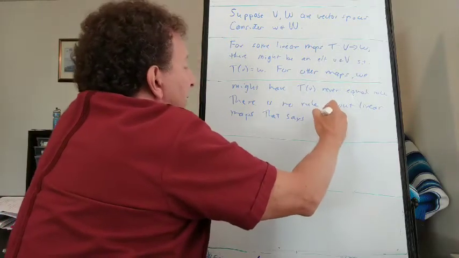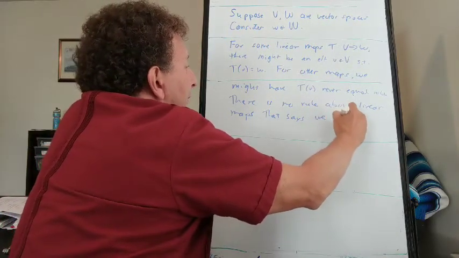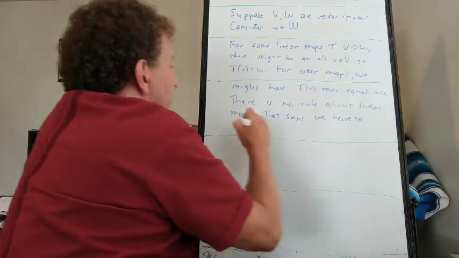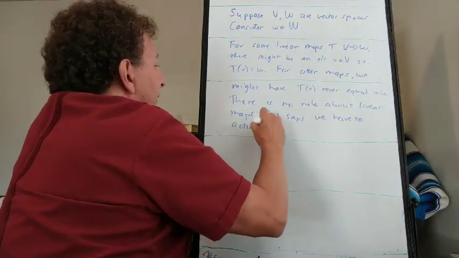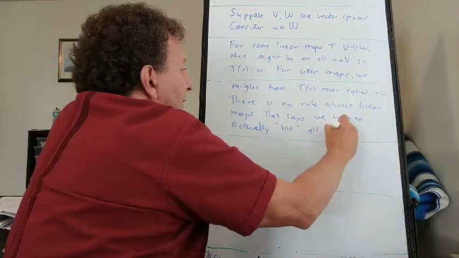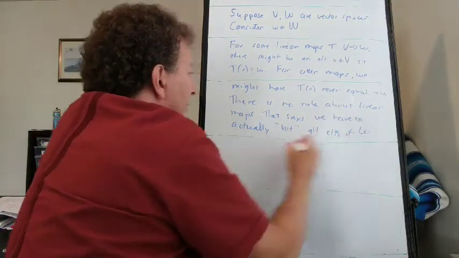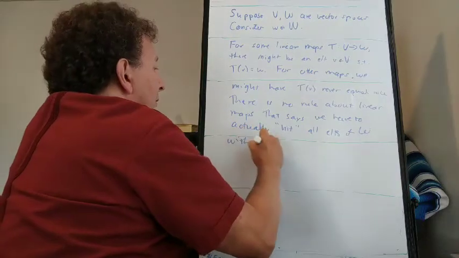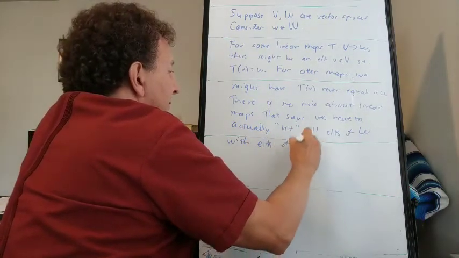That says we have to actually hit all elements of W with elements of V.